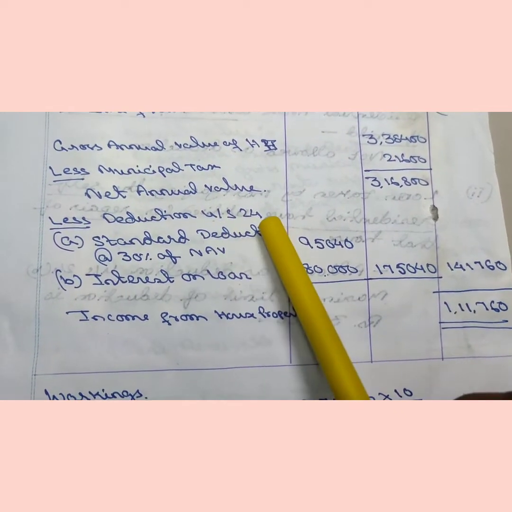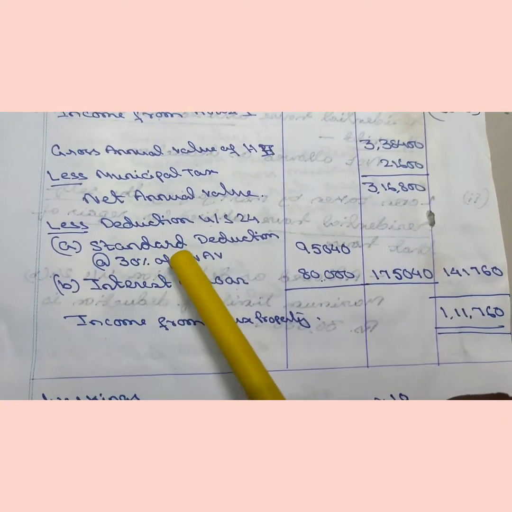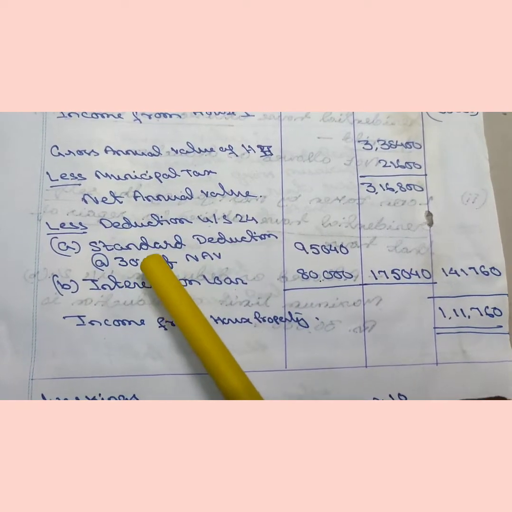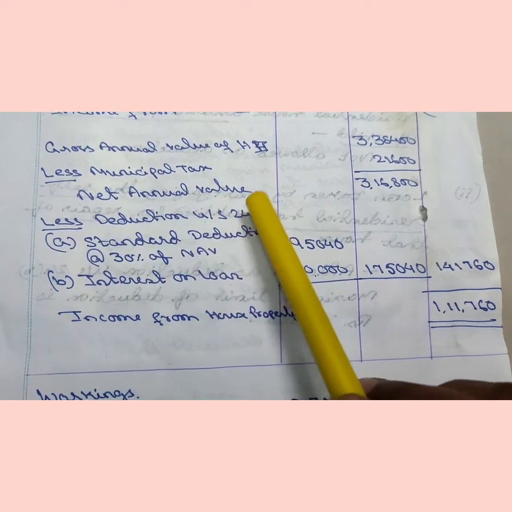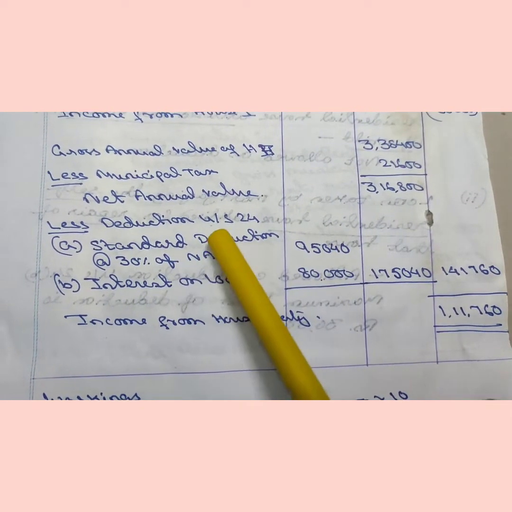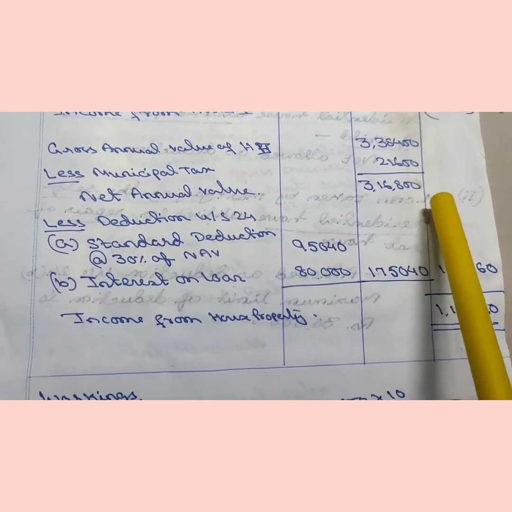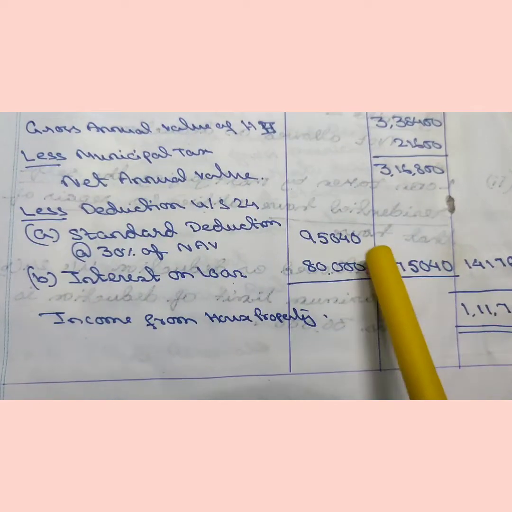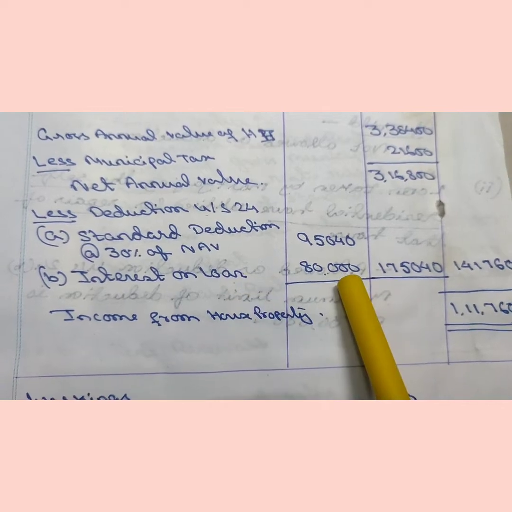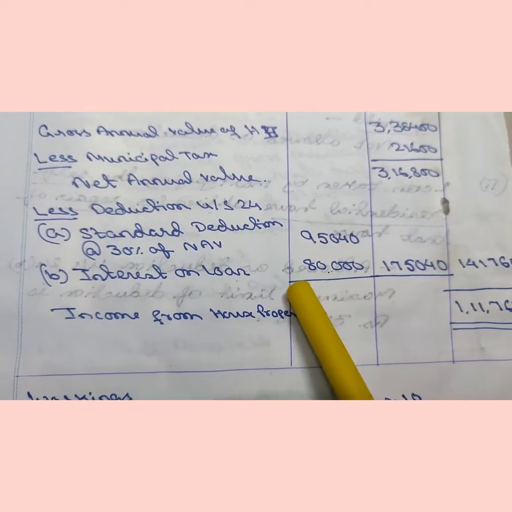Only 2 deductions are available under section 24. Number A is standard deduction, that is at the rate of 30% of NAV. NAV means this net annual value. So 30% of 3,16,800 is 95,040. And interest on loan for construction of house is rupees 80,000.